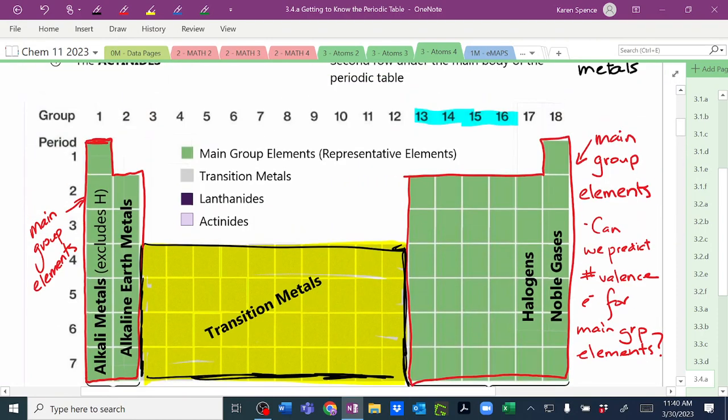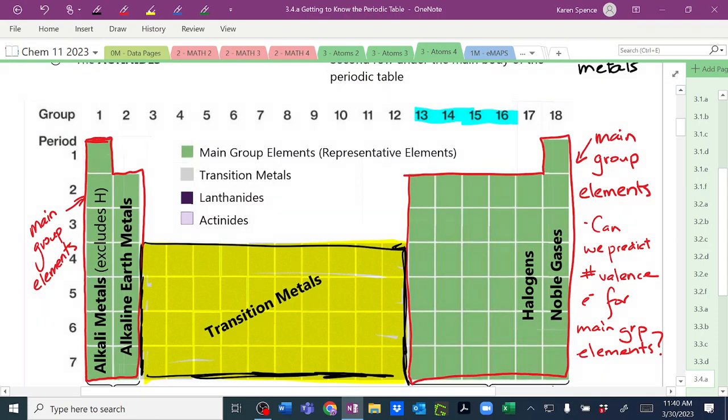How many elements are in period number 1? Tell your partner. How many elements in period number 1? Okay, could you hold up your fingers showing me the number of elements in period number 1? Yes, there are only 2. I would like you to do the same thing for period number 3.